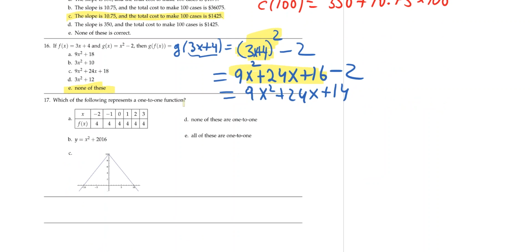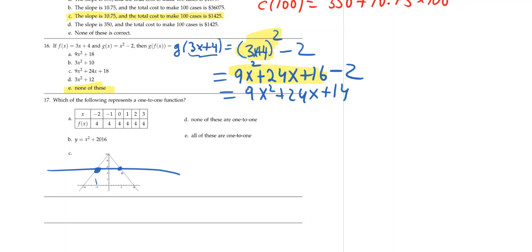Which of the following functions represents a one-to-one function? Remember that a one-to-one function has to pass the horizontal line test. If I draw a horizontal line, you'll see that negative 5 and 5 have the same y value.